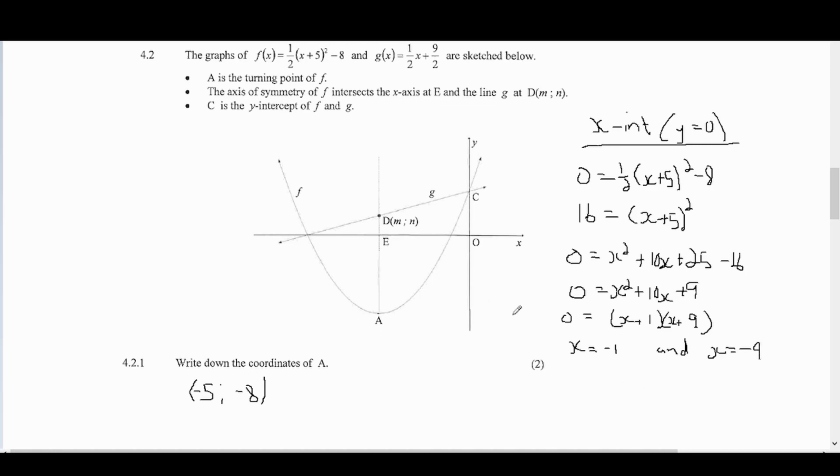So that means if we look at our graph over here, our first x-intercept is minus 1, and our second one is minus 9. So that means the distance from our origin to this point over here is 9 units.